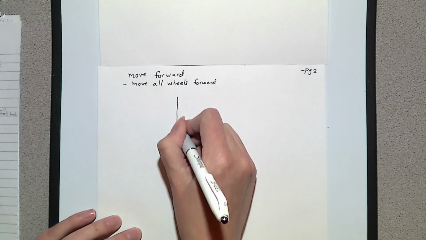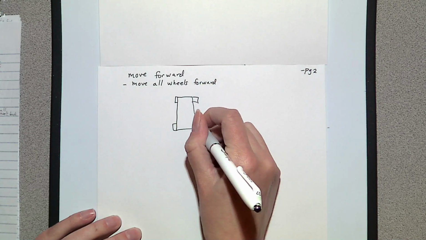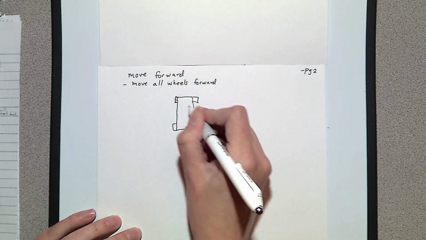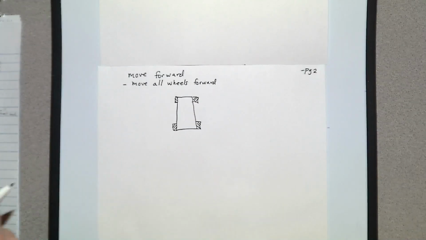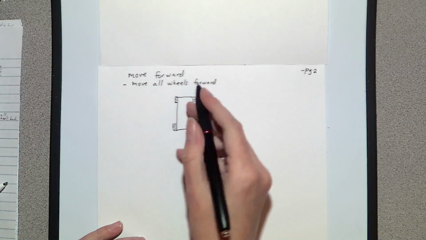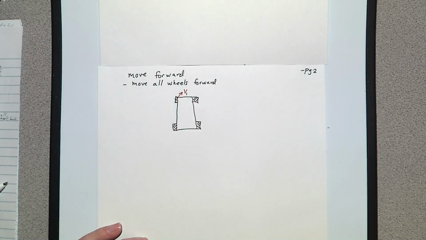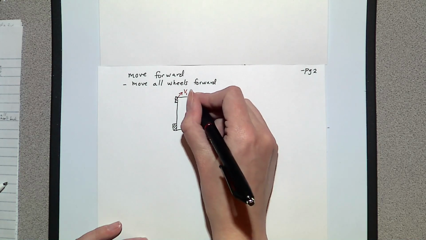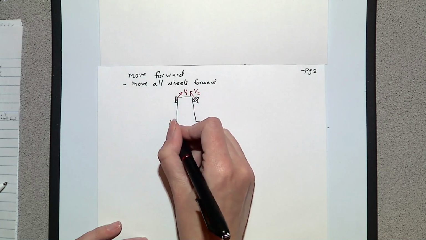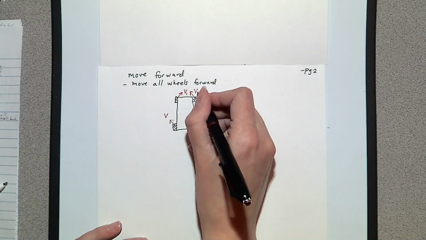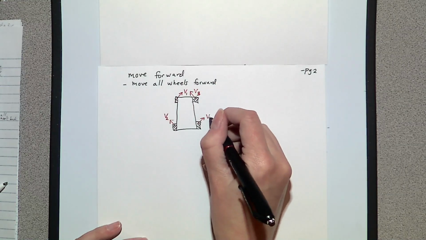So if we resketch the robot here, what happens when we apply a forward velocity to this wheel, we get a forward and right. When we apply to this wheel, we get a forward and left. And here we get a forward left, should be 3, 2, and here we get a forward right.